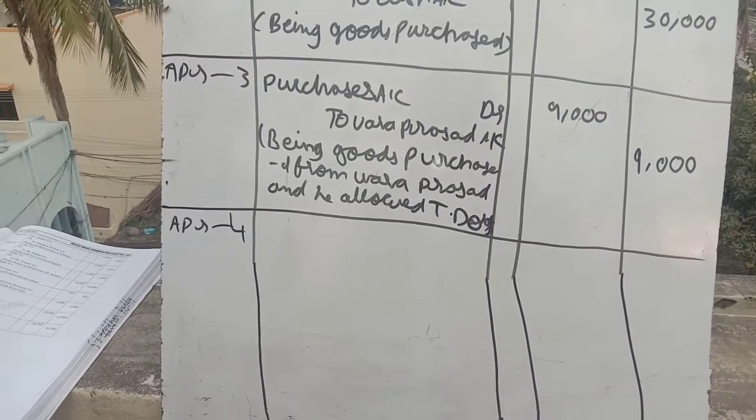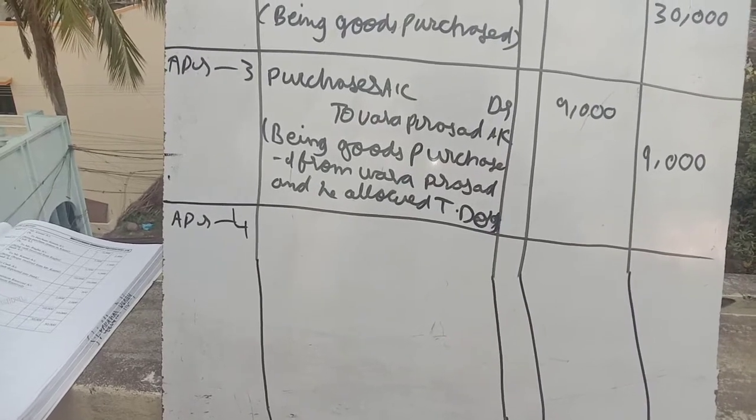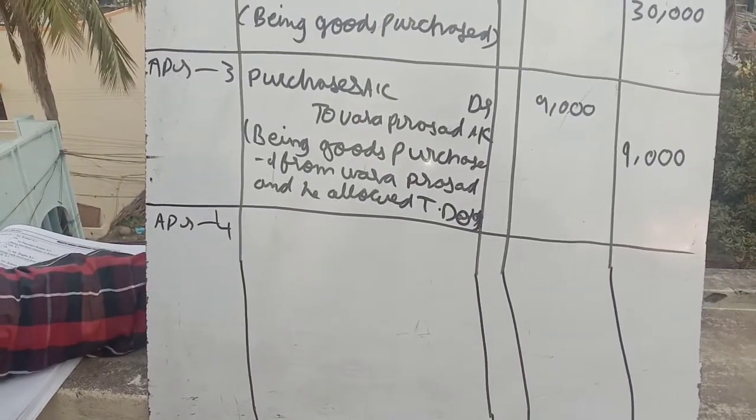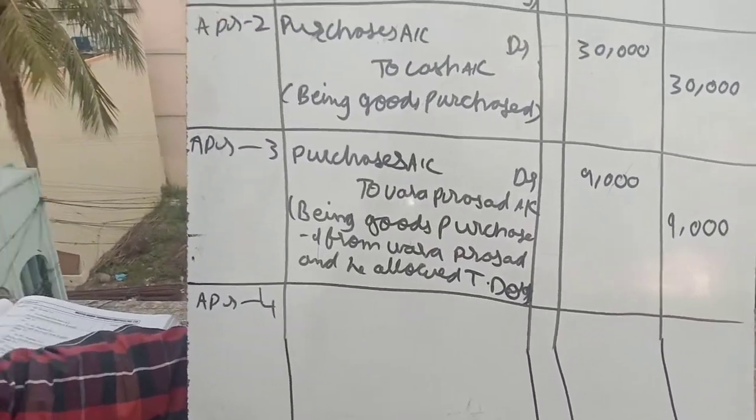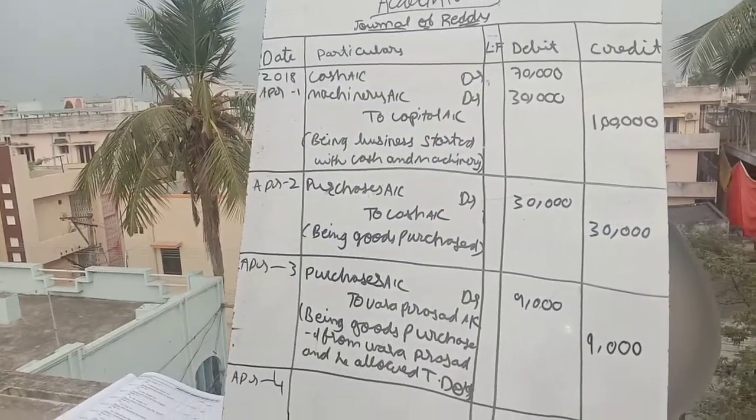So here the entry will be like Uma Maheshwar Rao account debtor to purchase returns. Before this session we have discussed the goods related transactions: purchases, purchase returns, and sales returns.